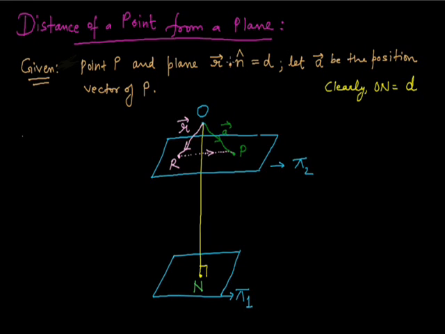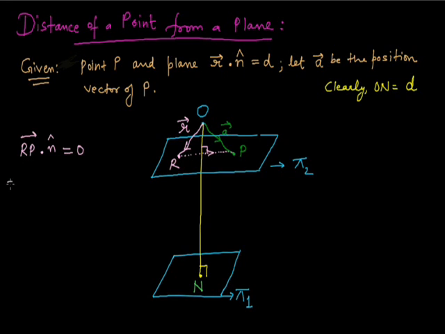The equation of plane pi1 is r vector dot n cap equals d, so the normal vector of plane pi1 is n cap, and the normal vector of plane pi2 will also be n cap because these planes are parallel to each other. So can I say that RP vector dot n cap is going to be 0? Why? Because RP vector lies in the plane pi2 and n cap is a vector normal to this plane. Therefore, their scalar product is going to be 0 because they are perpendicular to each other.